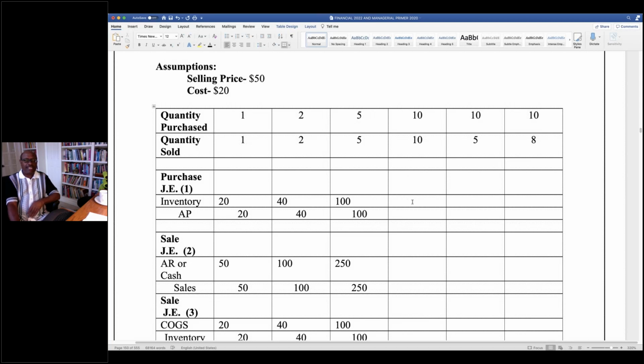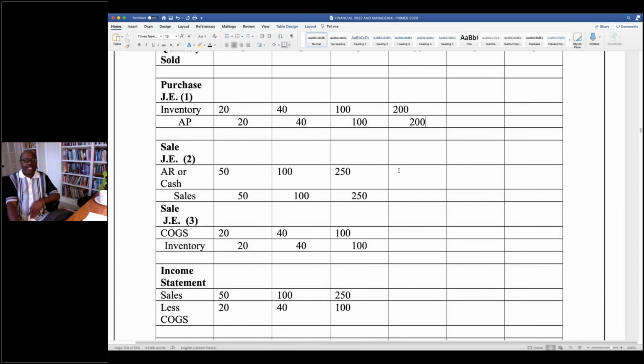If we're selling 10 and buying 10, what's going to be our cost now? 200. Then when we sell all of them, how much do we get now? 500. Sales 500.